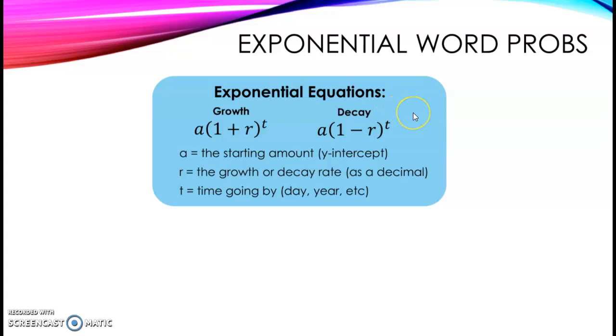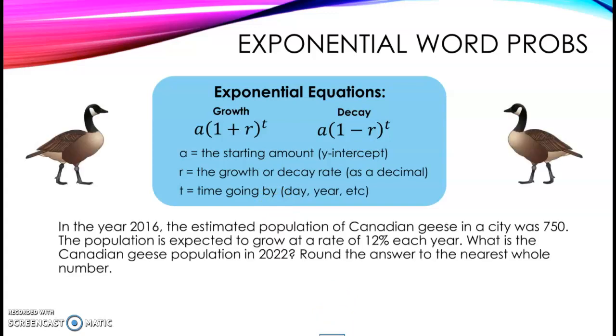You can notice that the two equations are very similar to each other, except one has a plus and one has a minus. So you first have to identify whether it's increasing or decreasing to figure out which one you're supposed to use. Our A value is the starting amount, R is the growth or decay rate, and T is the time going by. Let's look at an example to see how this equation works.